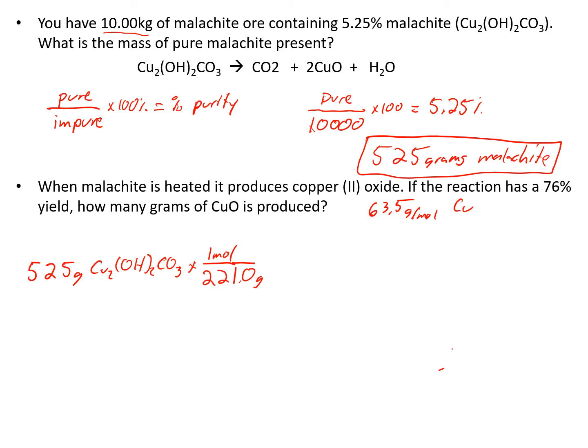Okay, so now I've changed it into moles of malachite, and now I want to use my mole ratio to change it into grams of CuO. So there's going to be 2 copper 2 oxides for every 1 malachite.